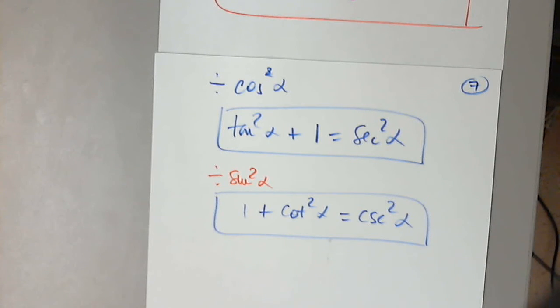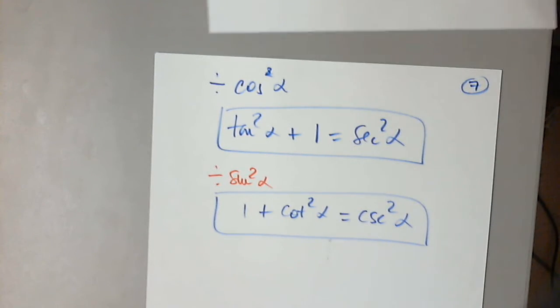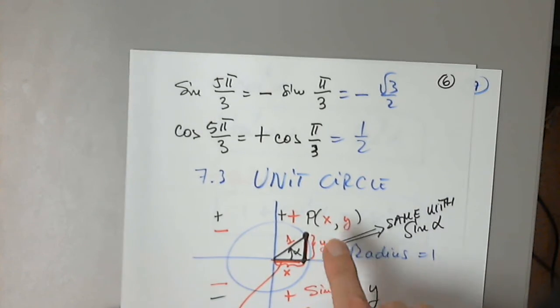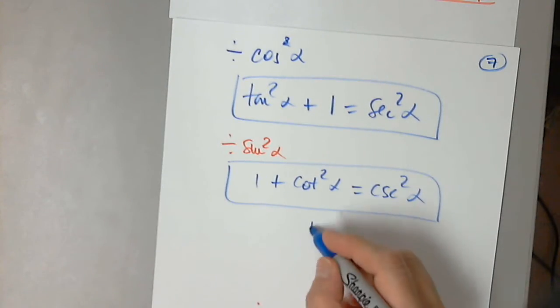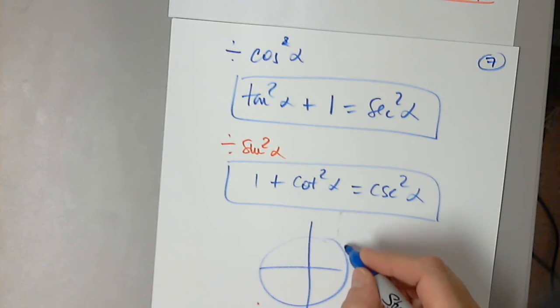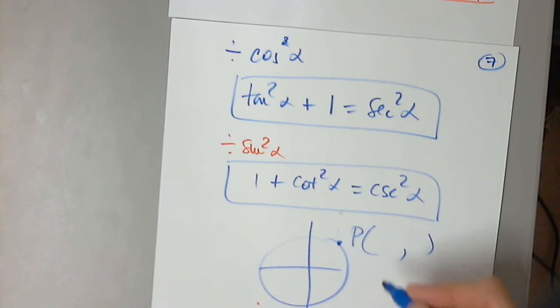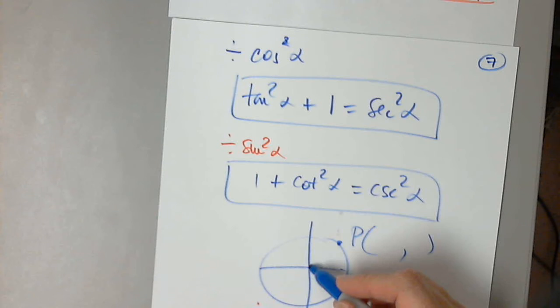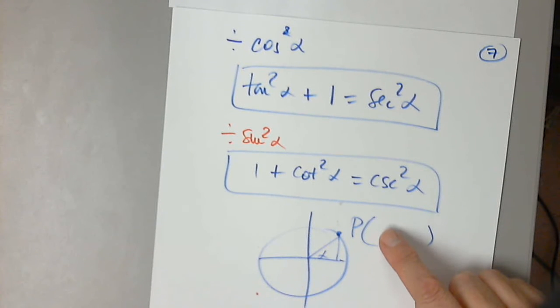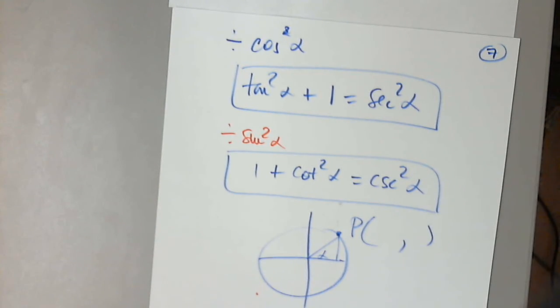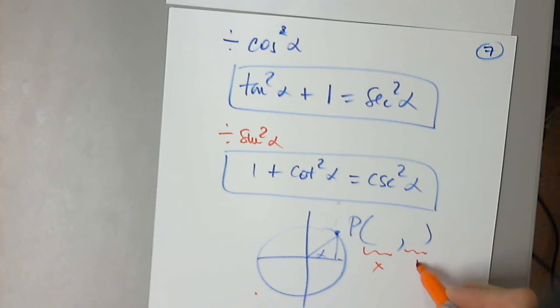I would like to go back to the unit circle for a moment and identify now. I know that each point on the unit circle, we already know that this is P of x comma y. But also, what does x equal to? We just determined a minute ago. Instead of x, I should write x and I should write y.